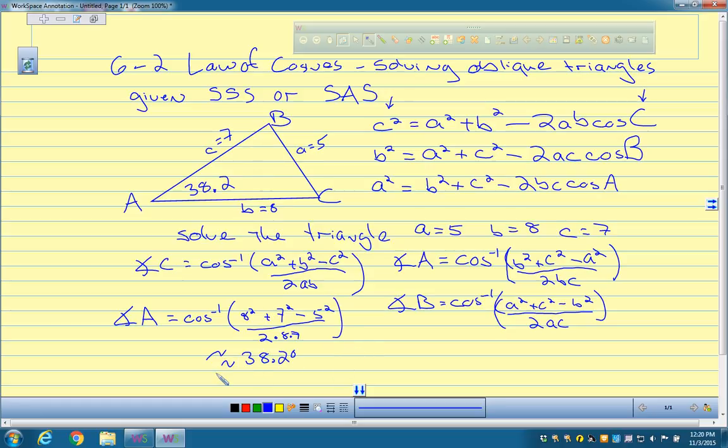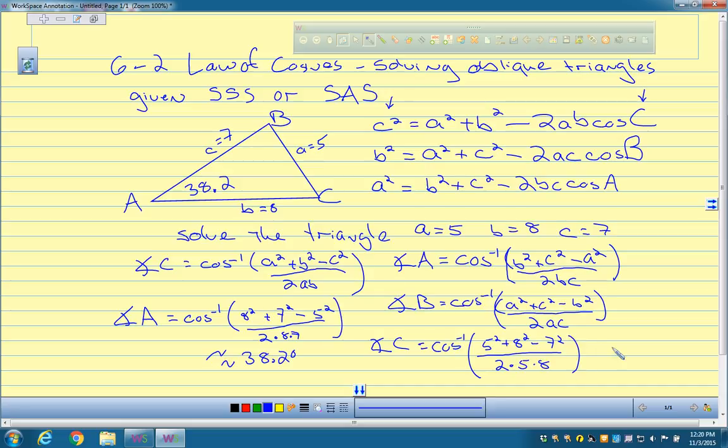So I think I solved for angle C. I'd use law of cosines again for angle C, and I get angle C is equal to the inverse cosine, and I'm not going to do the whole thing, of 5 squared plus 8 squared minus 7 squared divided by 2 times 5 times 8.